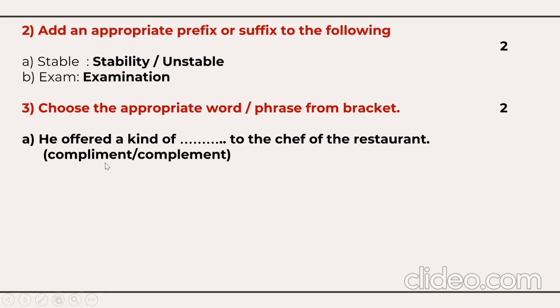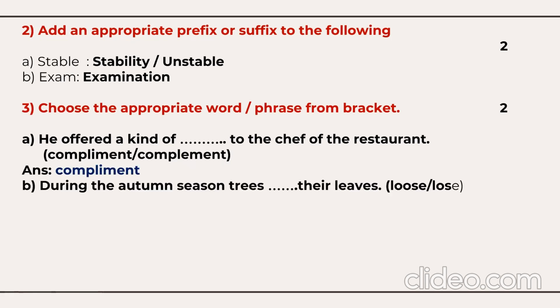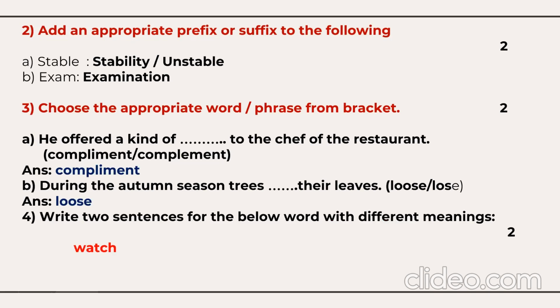Compliment, L-I-M-E-N-T means to say a kind of appreciation. So what is the answer here? Compliment, C-O-M-P-L-I-M-E-N-T. Second question, during the autumn season, trees lose their leaves. L-O-S-E or L-O-O-S-E? So obviously L-O-S-E. So like this, you have 2 marks questions here.